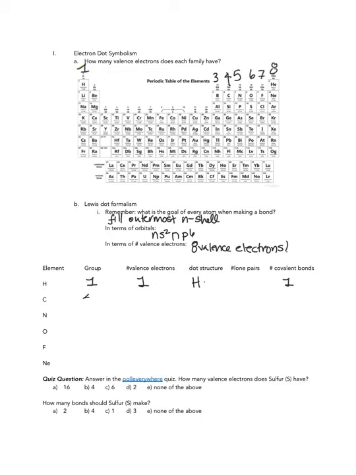Let's hop over to nitrogen next, which has 5 valence electrons. We draw the electron dot structure like this. And whoa, we have something we haven't seen yet: 2 electrons that are paired together.